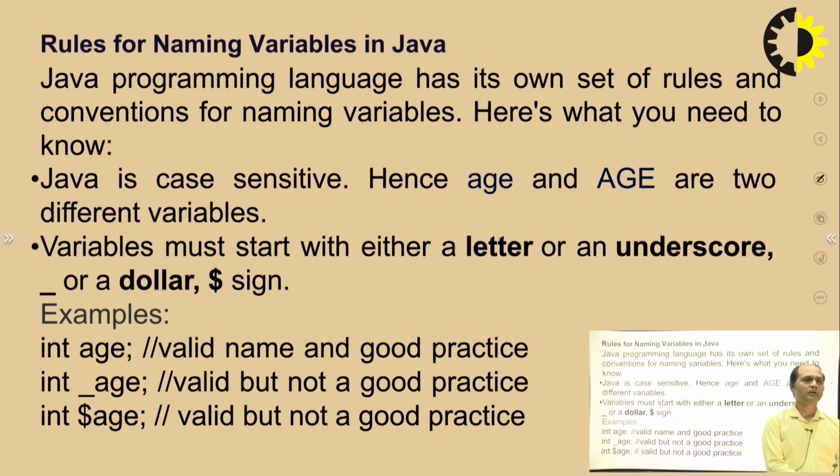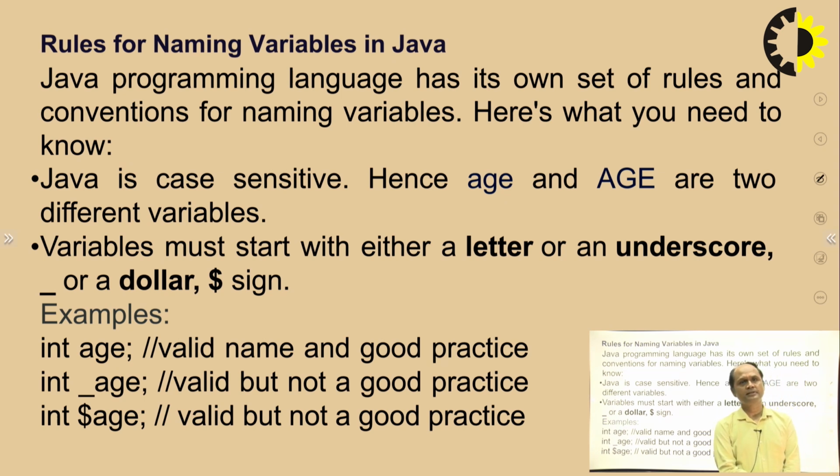We cannot easily assign any type of name like in the previous languages. Java programming has a set of rules and conventions for naming variables. Suppose we assign a number; that is not allowed at the start of a variable name.